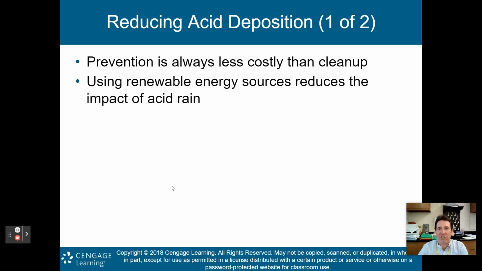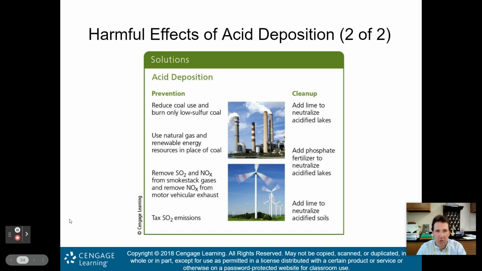Using renewable energy sources obviously reduces the impact of acid rain because you're not putting those chemicals into the atmosphere that then combine with other chemicals to produce the secondary pollutants of sulfuric acid and things like that, which produce the acid rain. All right, I'm going to leave you with the final slide of lecture part one of this lecture.